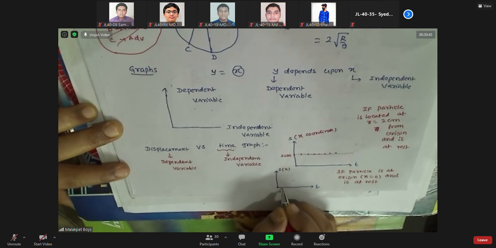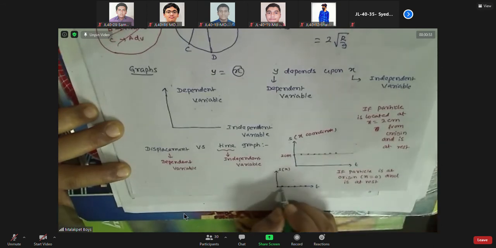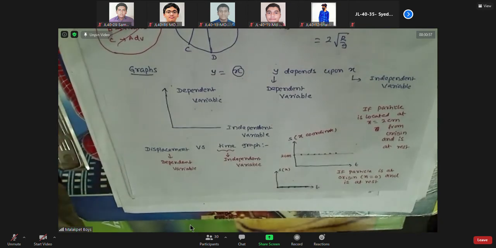At t equals 0, it is at origin. x is 0, x is 0, x is 0 every time. So you see that it will be a straight line. This is the graph of a particle which is at rest. Understood anything? Yes, sir.